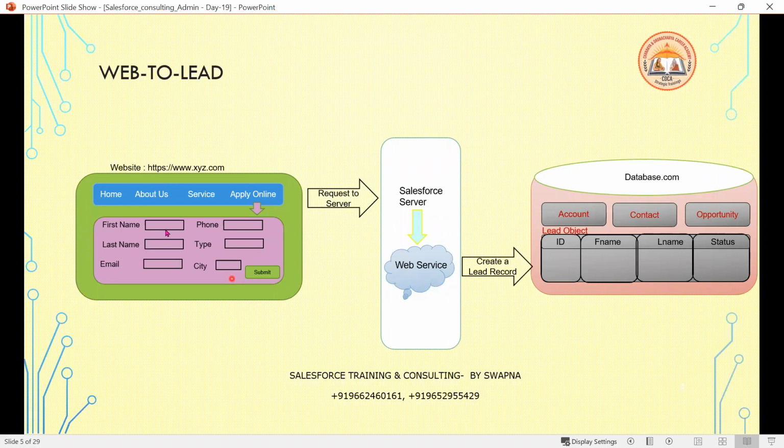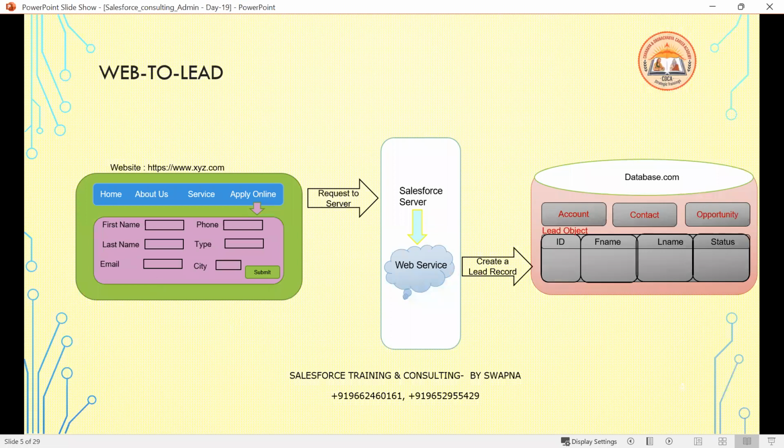It verifies whether the user has entered the correct information, whether the form is submitted with valid data, whether the phone number is submitted in the proper format, or the email is submitted in the proper format or not. Everything it is going to verify. If the web service says that everything is entered perfectly fine, then it sends the information to the database.com.